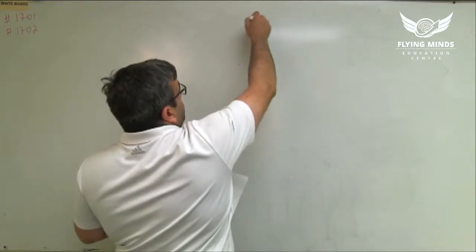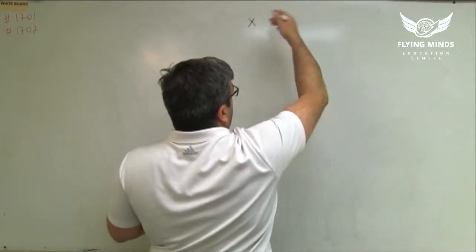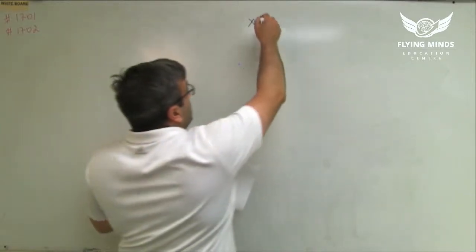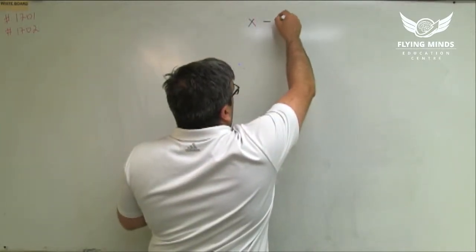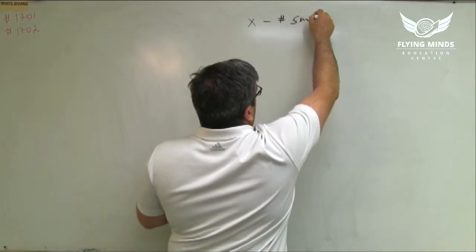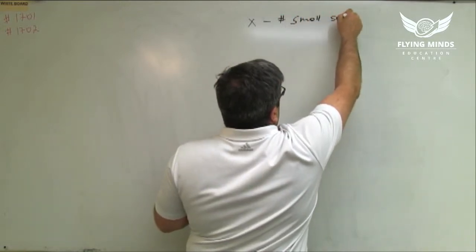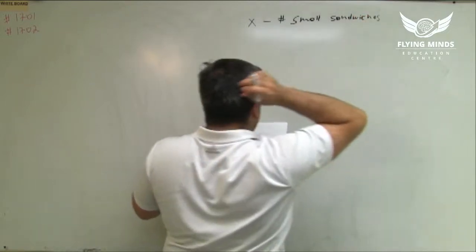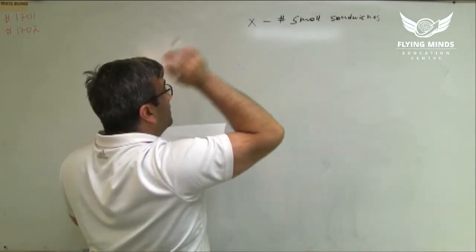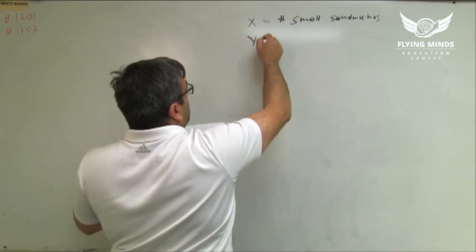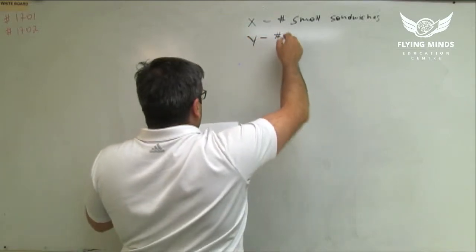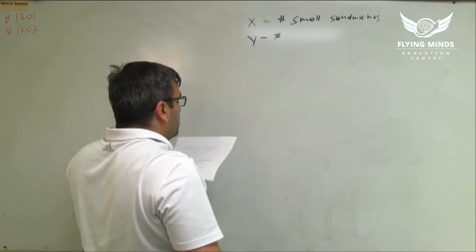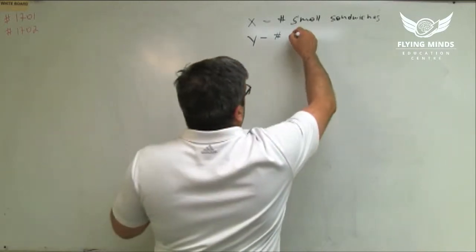Let's x be, right? We need to assign variables. This is what we need to do. So x will be the number of small sandwiches, and y be the number of big sandwiches.